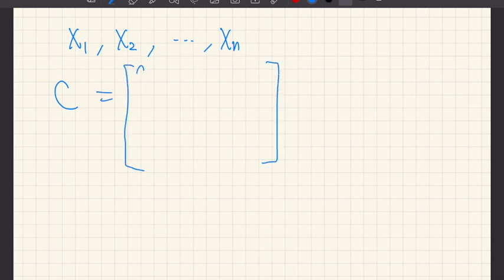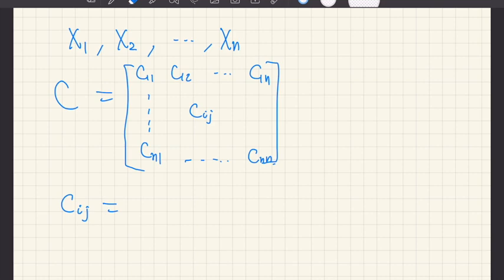If we have many random variables, like x1, x2 up to xn, then we can define a matrix like this: C11, C12, C1n, Cn1, and Cnn. Each element Cij is defined as the variance of xi if it's on the diagonal.